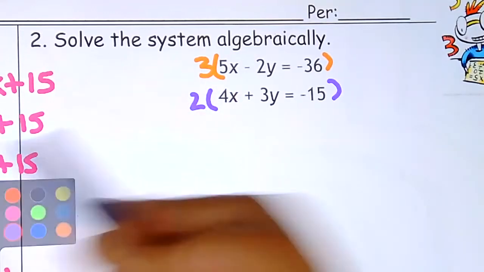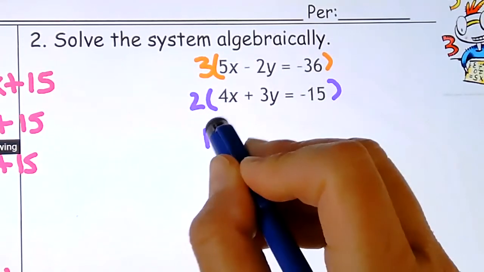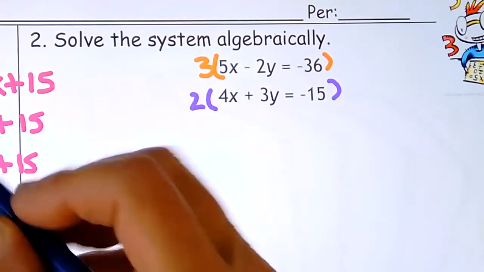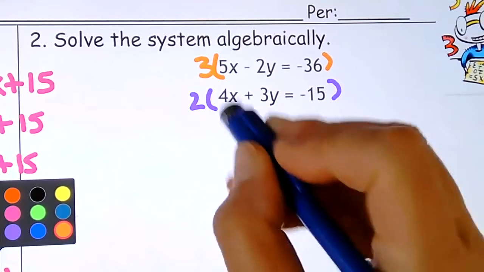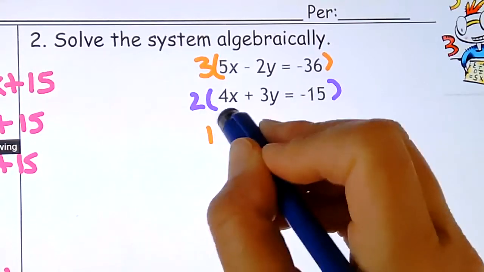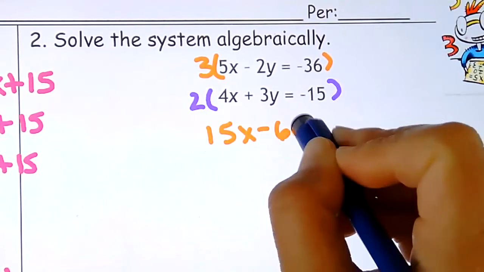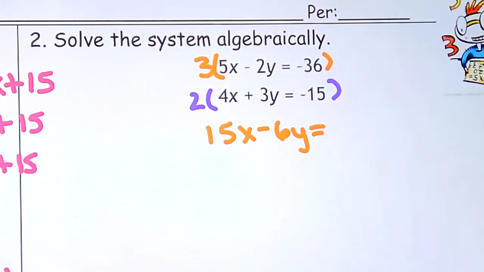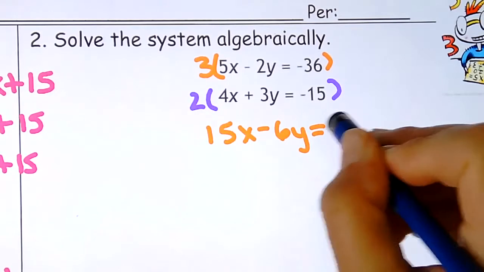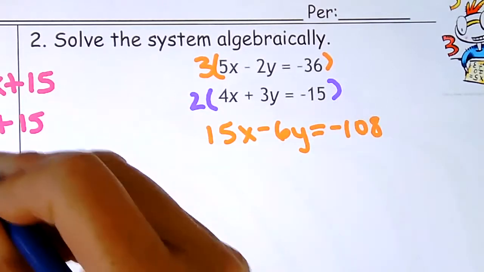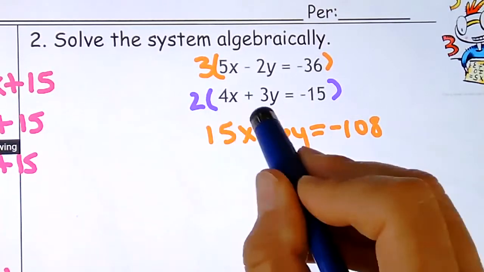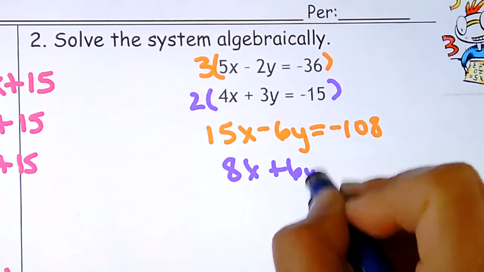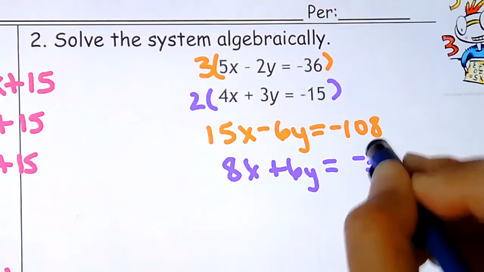Okay, so I'm going to distribute, and I get a 15x minus 6y equals a, and I'm going to do 36 times 3, which is a negative 108. And I am going to distribute my 2. So I'm going to get an 8x plus 6y equals a negative 30.